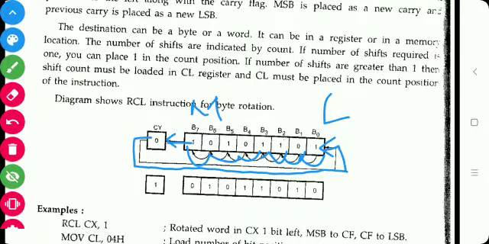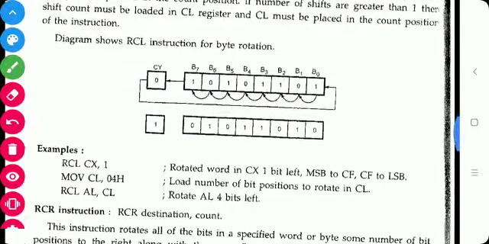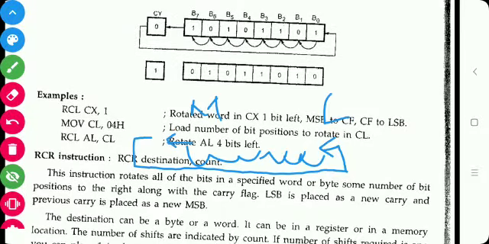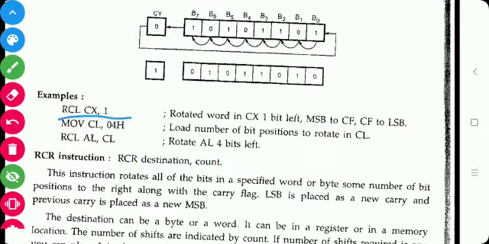So that is the difference between ROL and RCL. In RCL we are rotating through the carry flag. So here if you want to shift by 1, then take 1 into the instruction, and if you want to shift it by 4 times, for example, then take a counter of 4, put 4 into CL and then shift it by 4 positions.